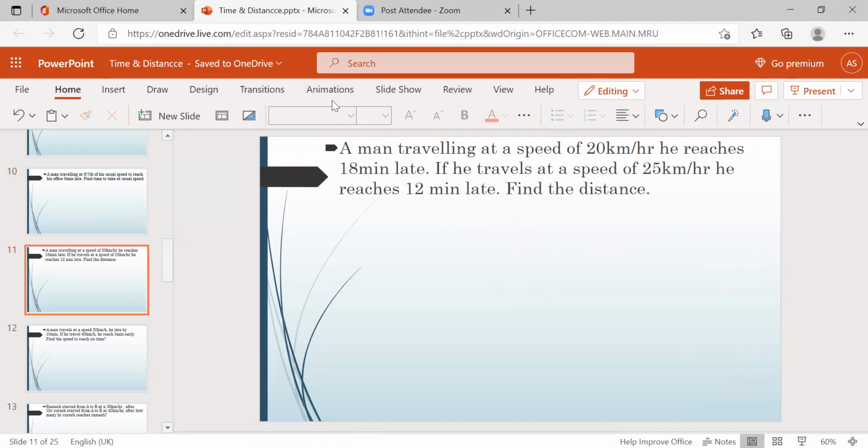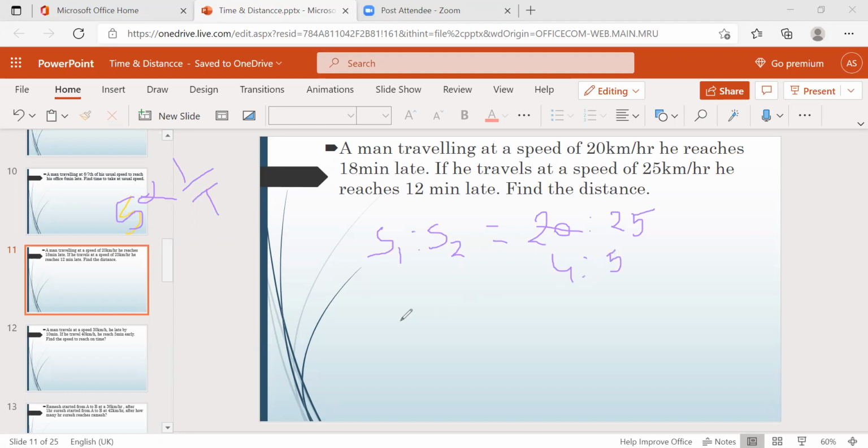So as usual, in time and distance, speed is inversely proportional to time. This is a very important point, right? Based on this, speed 1 and speed 2 are 20 and 25, so the ratio is 4 is to 5.